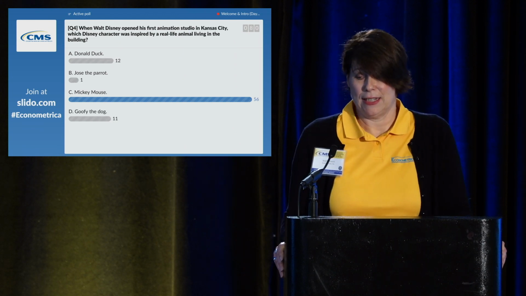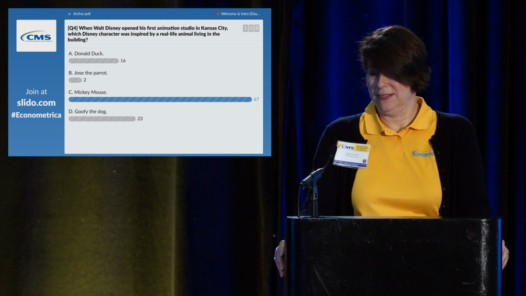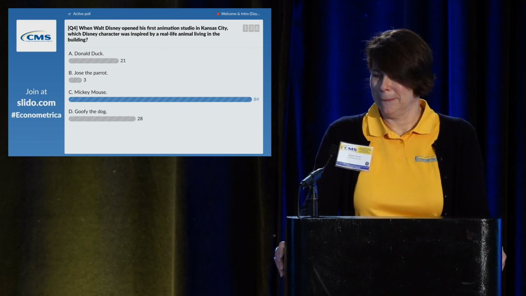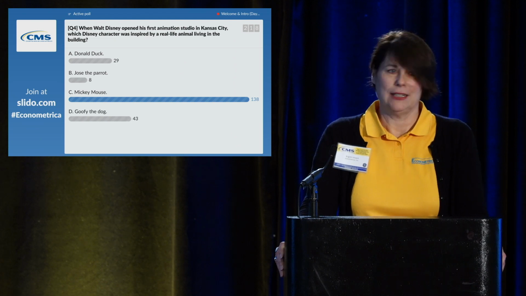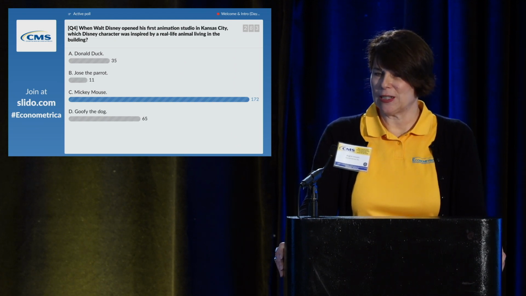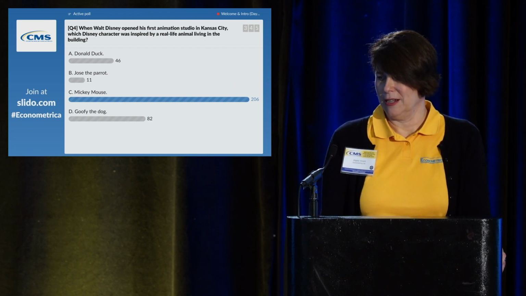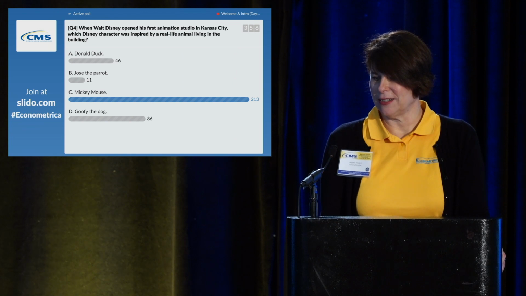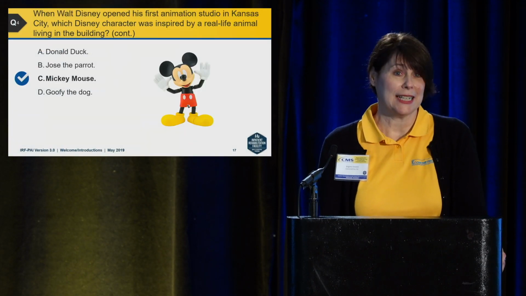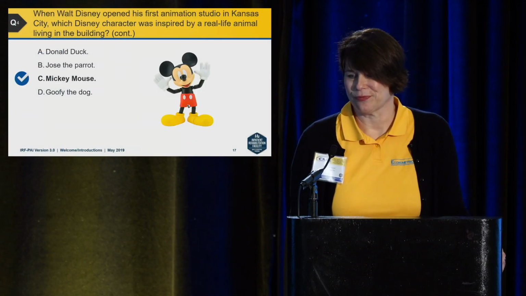Okay, another tough question. All right. Just give a couple seconds for the folks online to get a chance to answer. All right, let's check the correct answer. And the correct answer is Mickey Mouse.